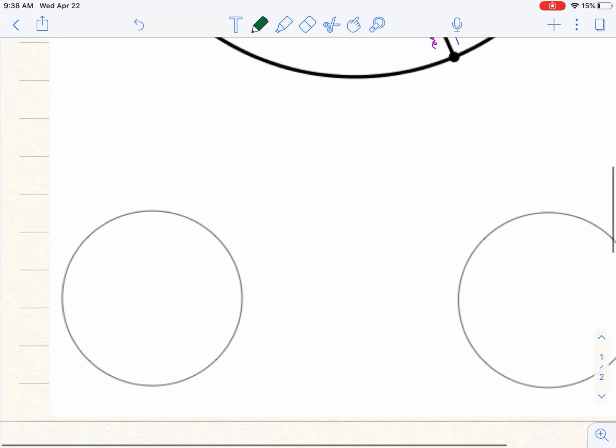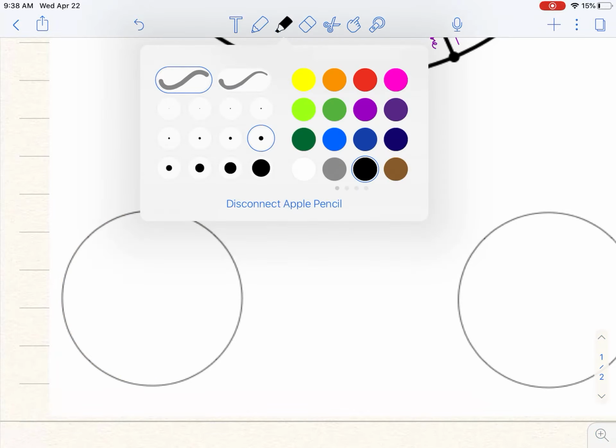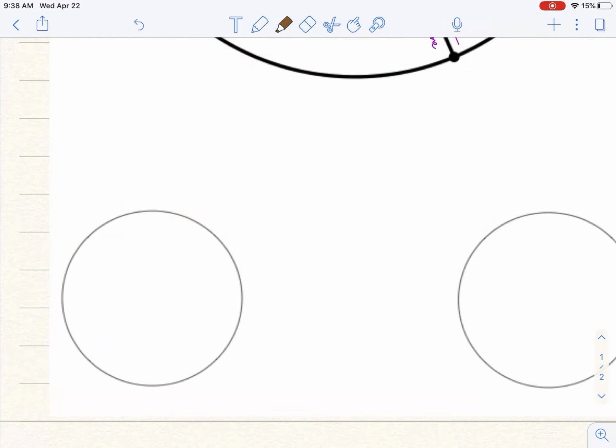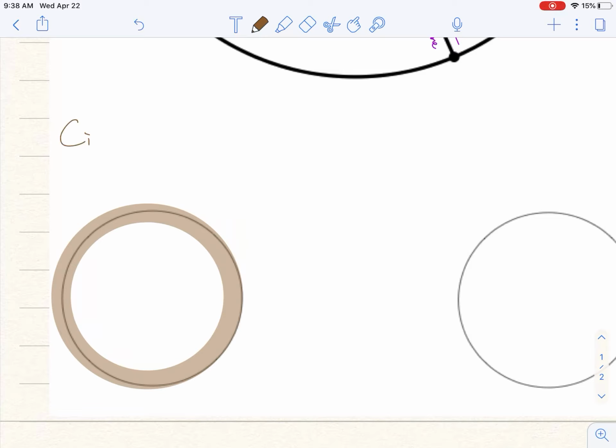Now, I use that word circumference here. So down here on this bottom circle, I'm going to highlight it. So let's highlight this circle here. Nice.